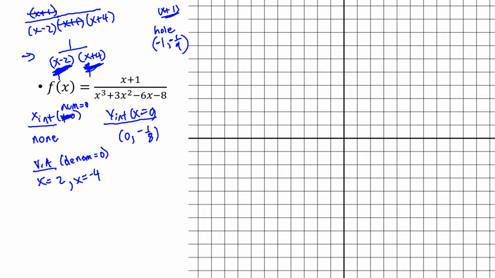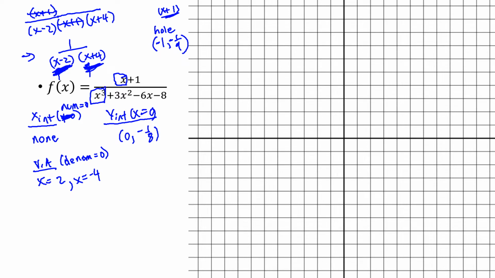For our horizontal asymptote, we can either look at the original function or the factored form. Oftentimes, it's best to look at the unfactored form, the original function, to determine what the horizontal asymptote is. So if we notice here, the leading term here is 1x, and the leading term here is 1x cubed.